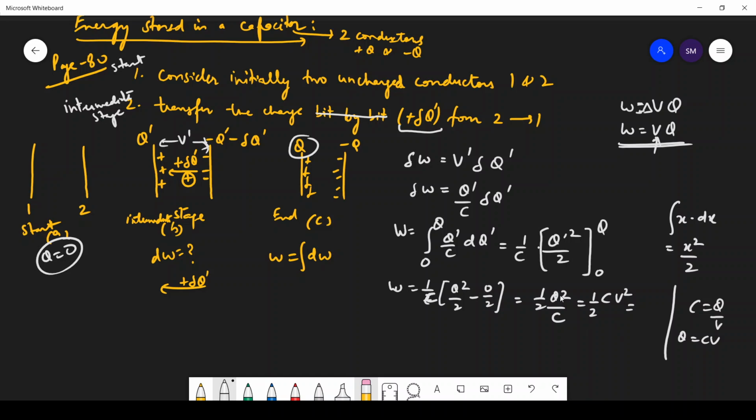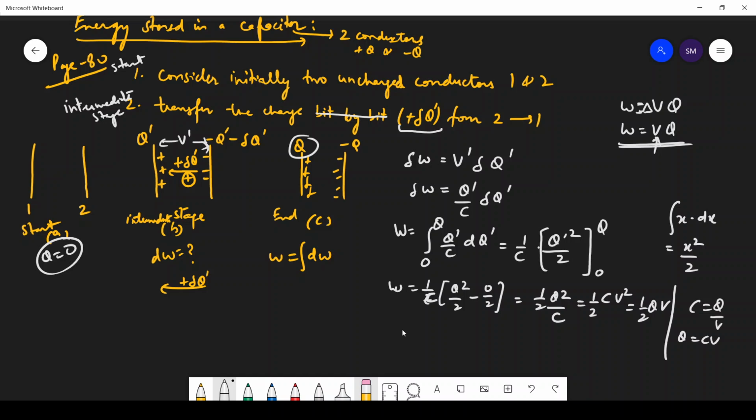Now I will put the value of C equal to Q by V. So Q square by Q by V: one Q will cancel out, so only one Q will be there, and this V will be in the numerator. So 1 by 2 QV. So these are the formulas. If you have Q and C, find the work done using this, and with C and V, the work done can be calculated, and with Q and V, this formula. So that's the work done.